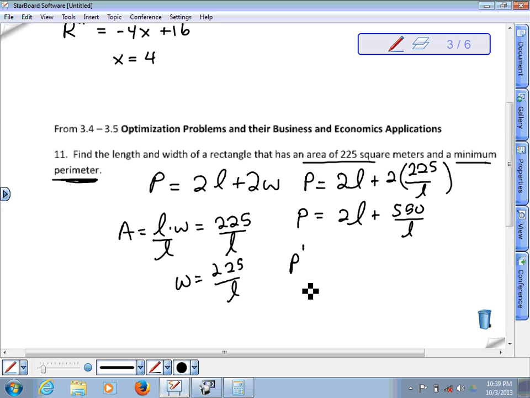So the derivative is 2 minus 550 over L squared. Now, if we set this equal to 0, we're going to add this term to the other side.